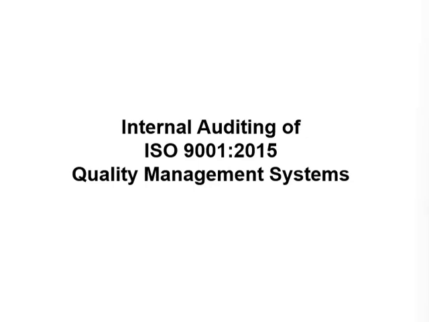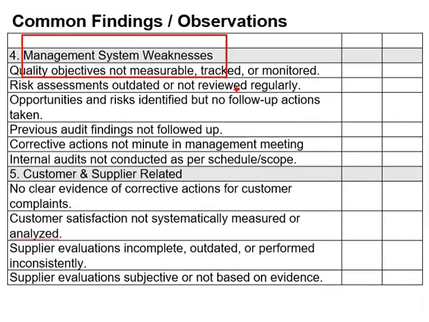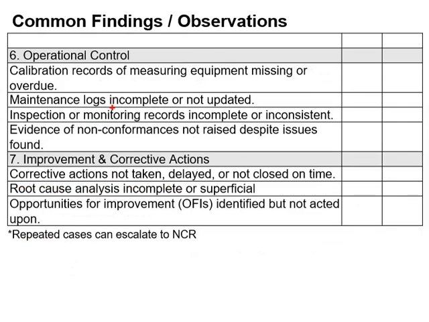Hi, we continue with our discussions on internal auditing of ISO 9001. So far, we have covered common findings or observations by auditors in various aspects, including documentations and record, non-compliance of processes, training and competencies, management system weaknesses, customer and supplier related issues, operational control, and improvement and corrective actions.